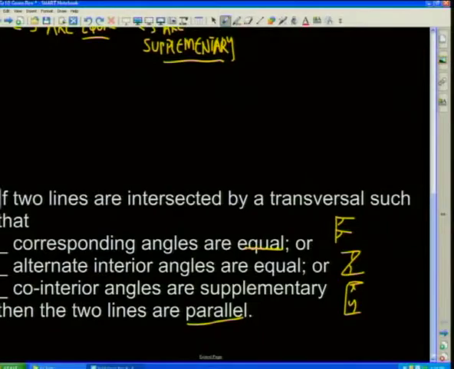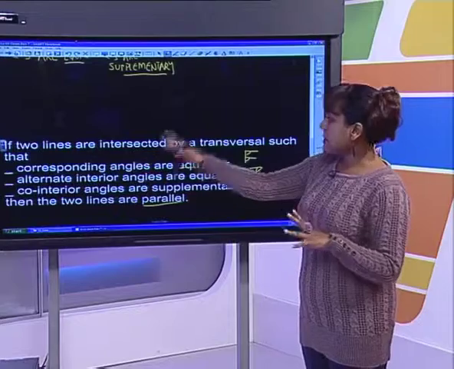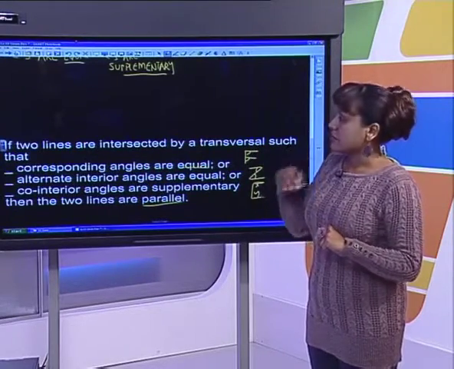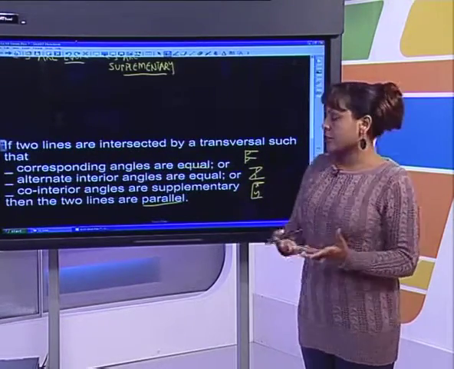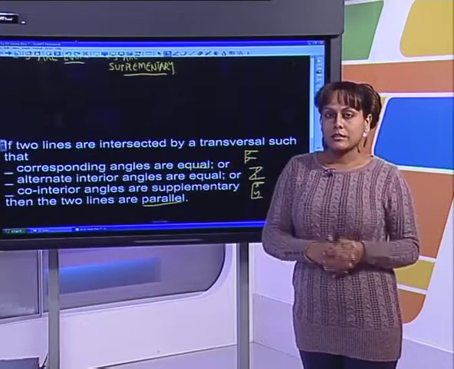So that's working on the converse of what we already know. If you get two lines that are intersected by a transversal and you see that you have these features of either corresponding, alternate or co-interior angles, then those lines are parallel.